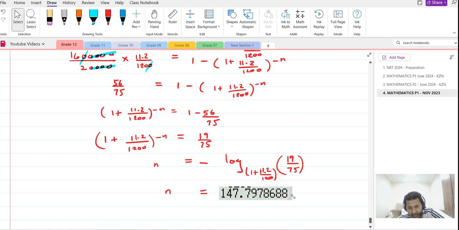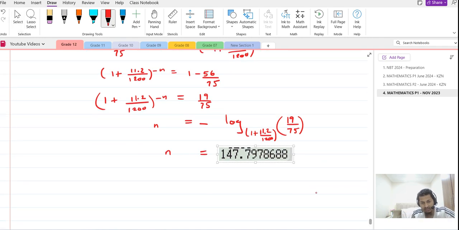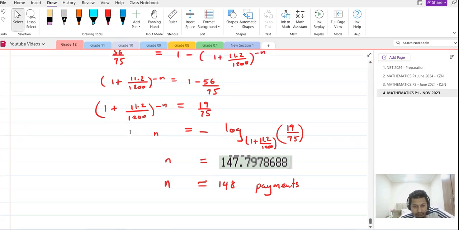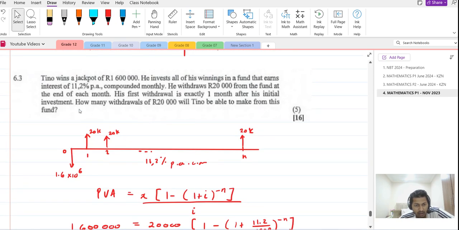So basically, you always need to round up, so approximately 148 payments, right? So you can say how many withdrawals will Tino be able to make from this fund.